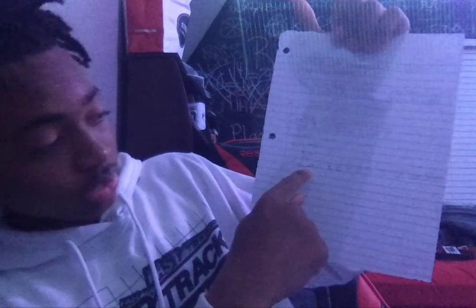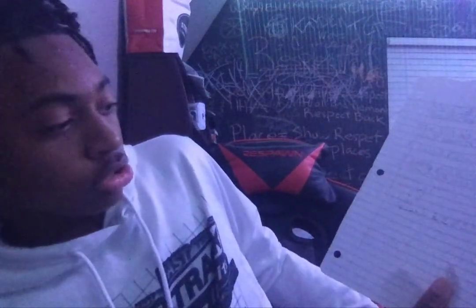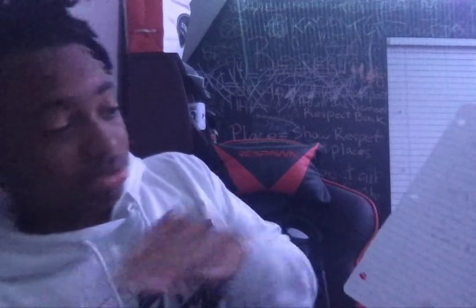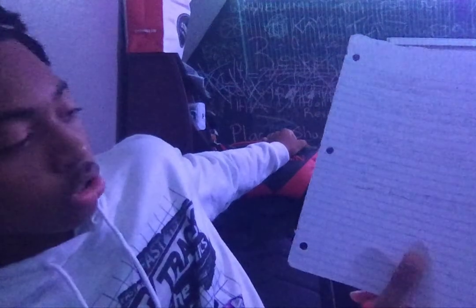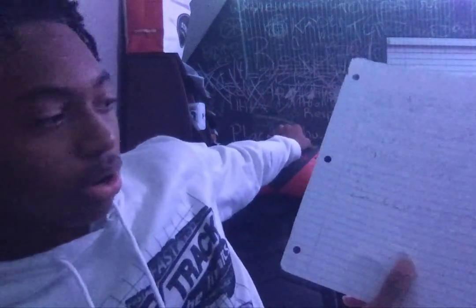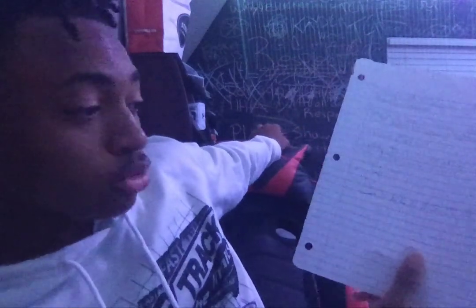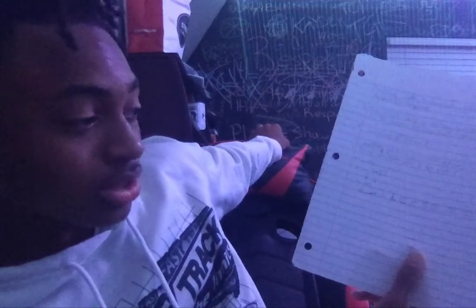That's the first term. 6 times 2 is 12, that's the third one. 12 times 2 is 24. 24 times 2 equals 48. 48 times 2 equals 96. 96 times 2, 192. 192 times 2, 384. 384 times 2 equals 768.